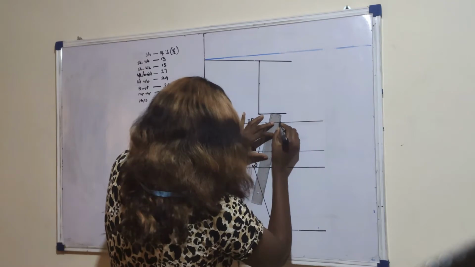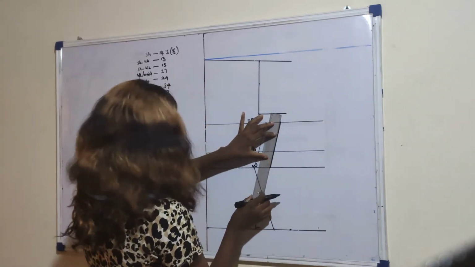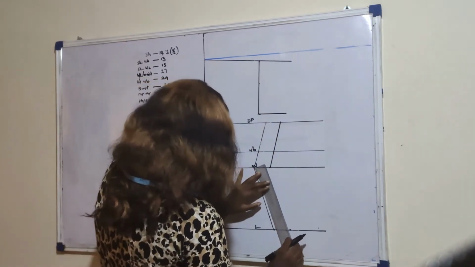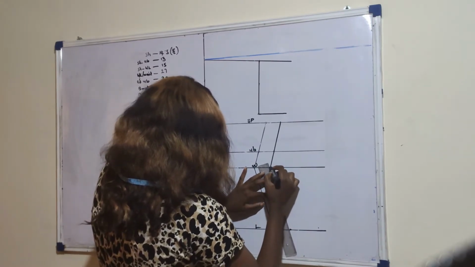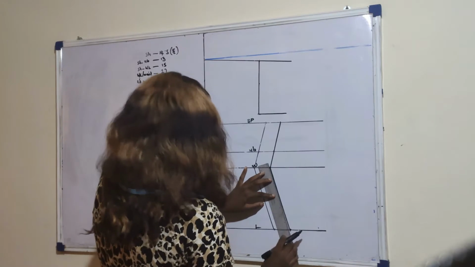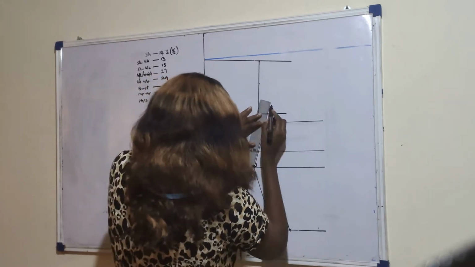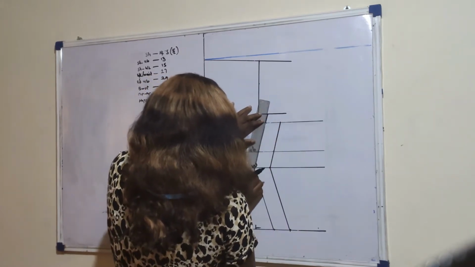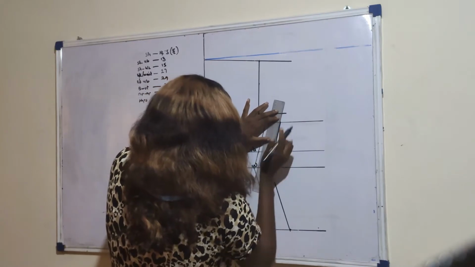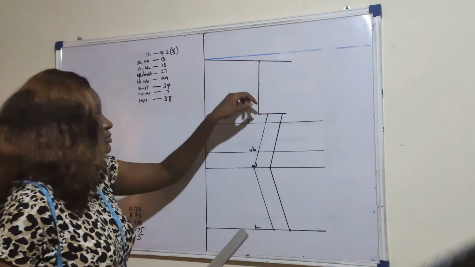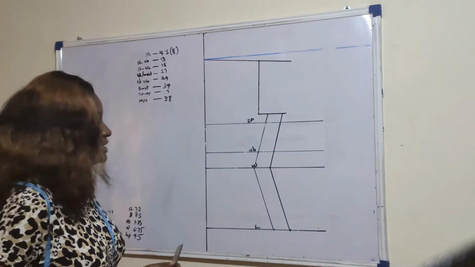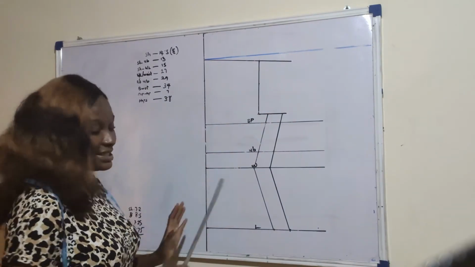Same for the allowance. Just take it up to the armhole. And that is it. It is this easy.